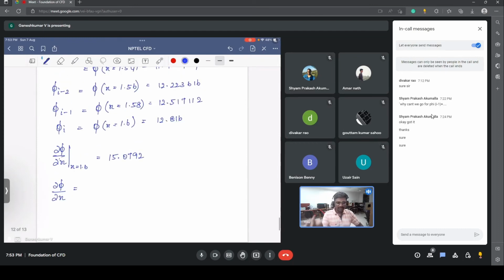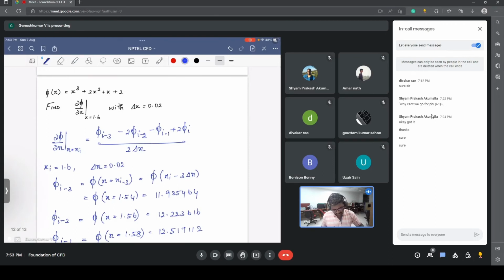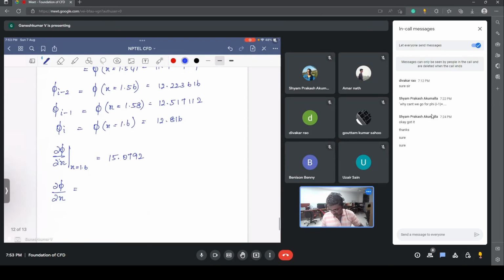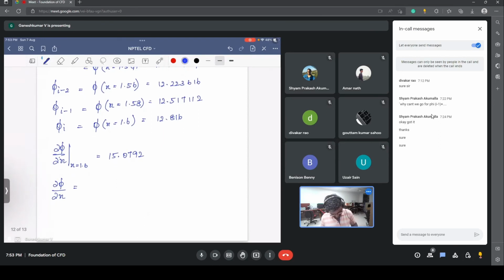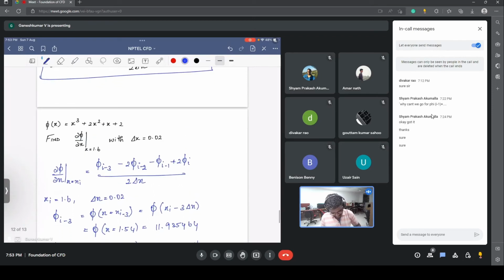If you want to do it analytically, because here the function is a polynomial, you guys know how to differentiate a polynomial, right? So what would be ∂φ/∂x? Here it's actually dφ/dx. It would be 3x squared plus 4x plus 1, right? x cubed gives 3x squared, 2x squared gives 4x, plus 1.